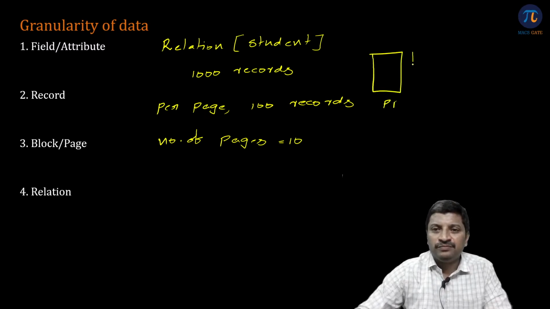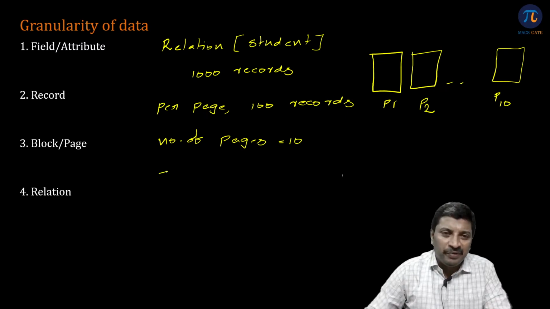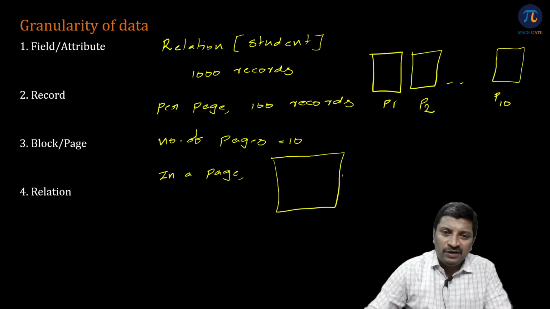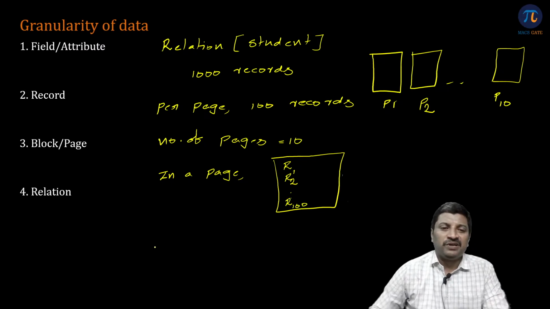So the relation is page 1, page 2, and the last one is page 10. Within a page, this is my page. Here, this is my first record, this is my second record, and this is my last record.